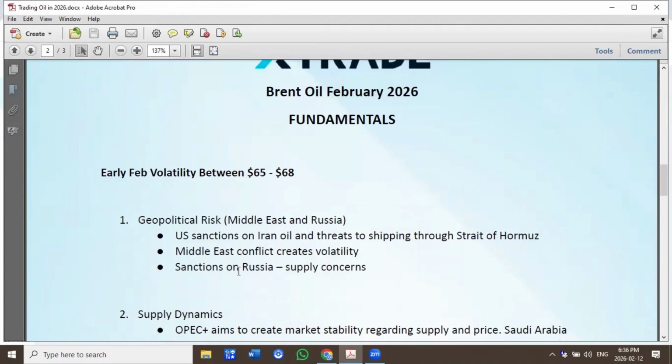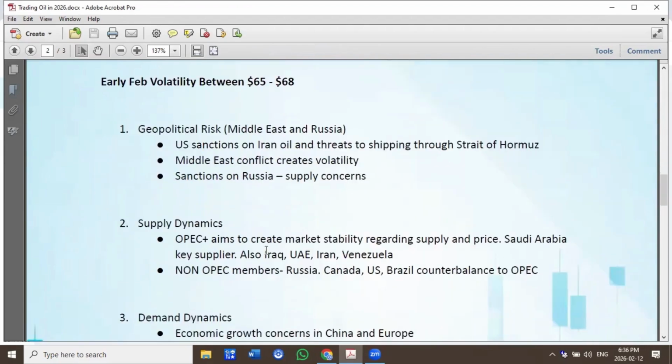Firstly, geopolitical risk in the Middle East and in Russia have a marked effect on the supply concerns on oil. OPEC Plus was created for market stability regarding supply and price within this volatile market. Saudi Arabia, the key supplier. There are non-OPEC members as well that help to maintain a balance, being Russia, Canada, the US, big players as well.